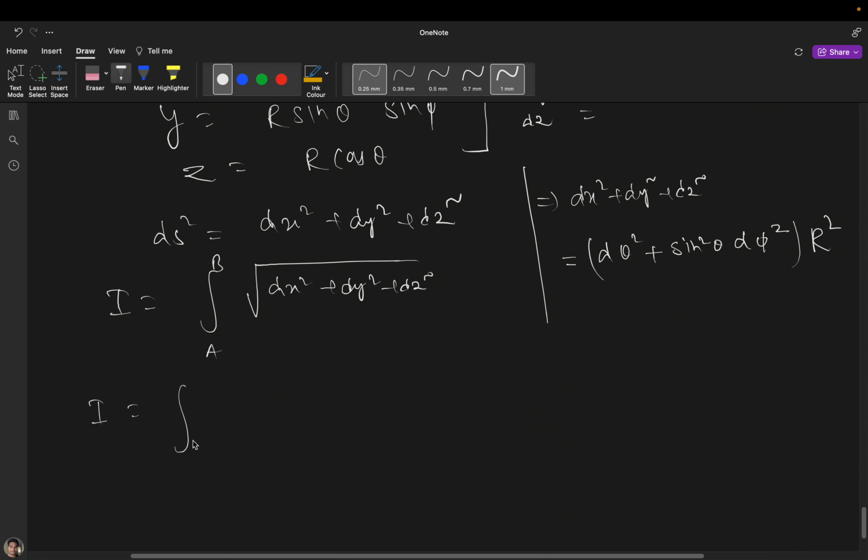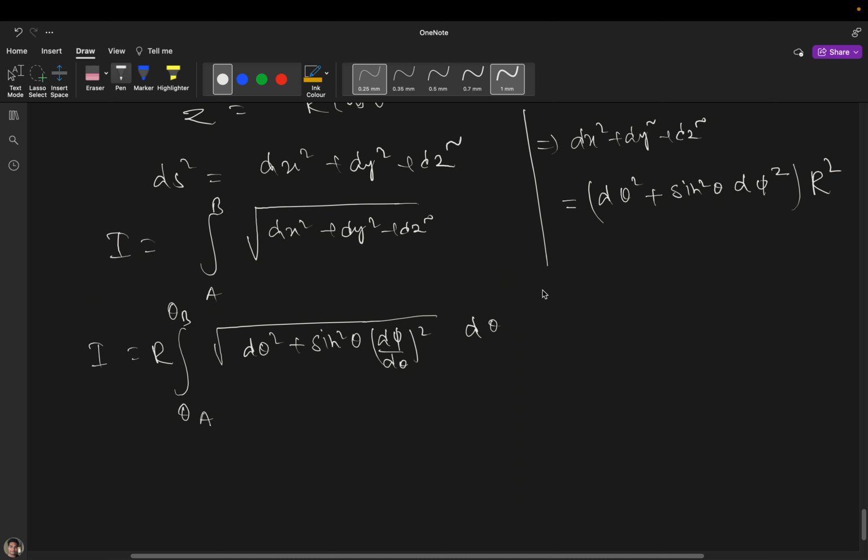When you substitute everything, r will be common, because there will be a square root also, and it will become the integral from theta a to theta b of r times the square root of 1 plus sin square theta (d phi by d theta) raised to the power 2, d theta. So this is the functional we have to optimize, but it is in spherical coordinates.